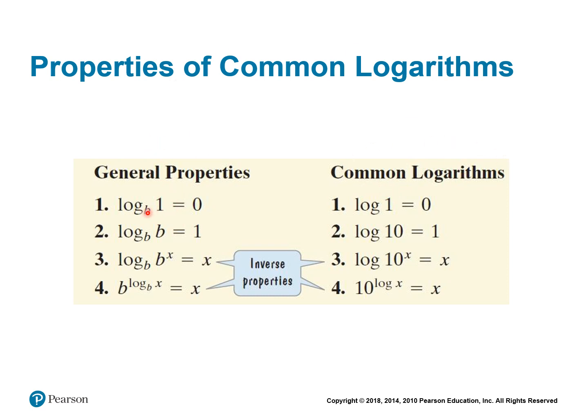Now, if we translate this into exponent form, then what does it mean? It means b raised to the power 0 is equal to 1. Any value raised to the power 0 will always be equal to 1.